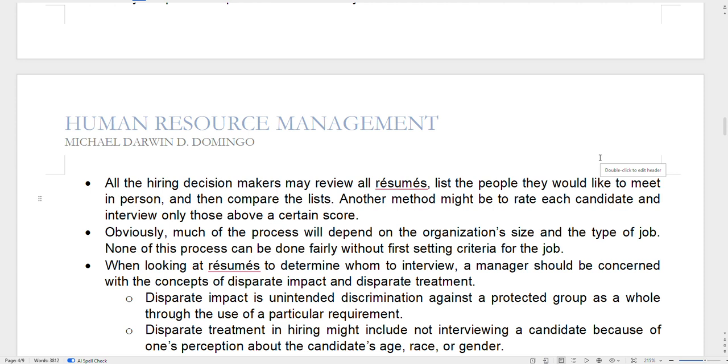Diba? So, katulad na lang nito, disparate impact is unintended discrimination against a protected group as a whole through the use of a particular requirements.